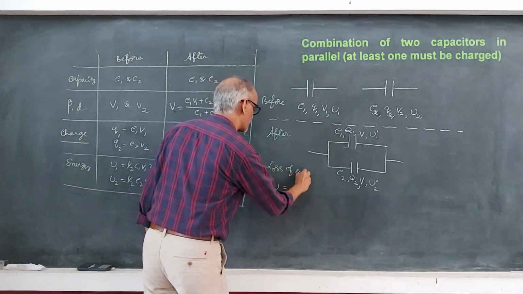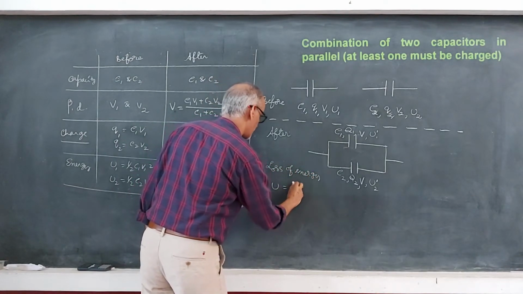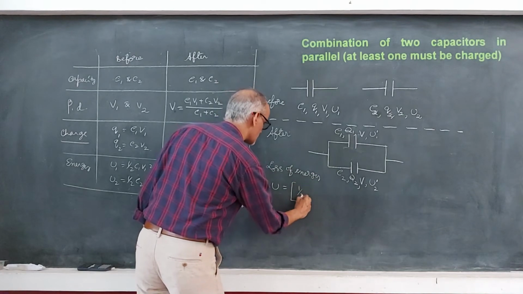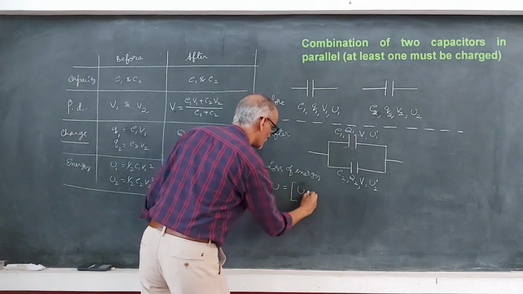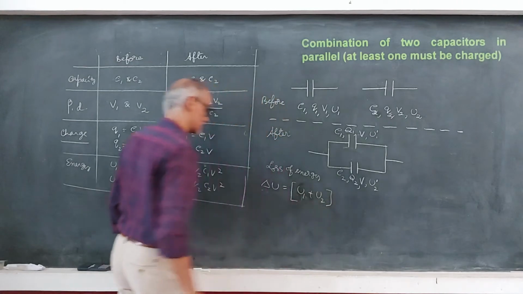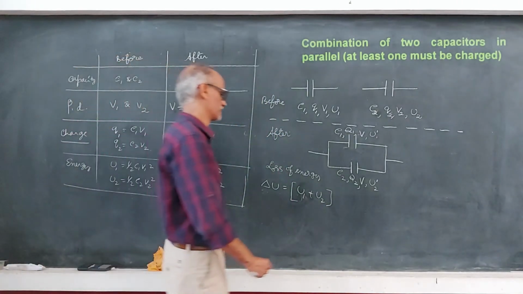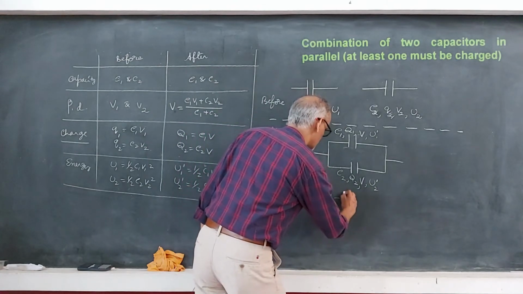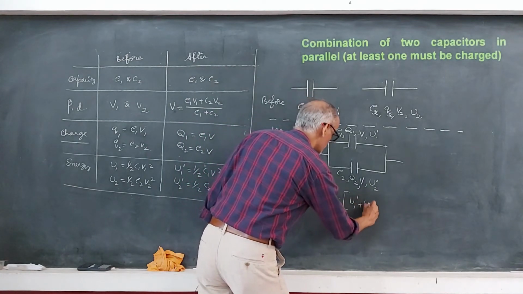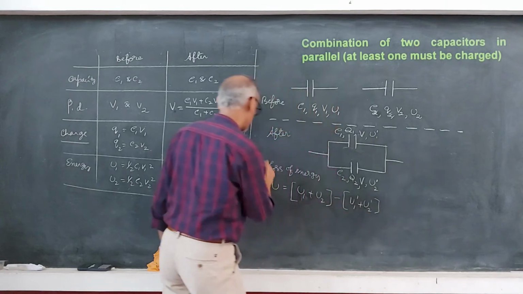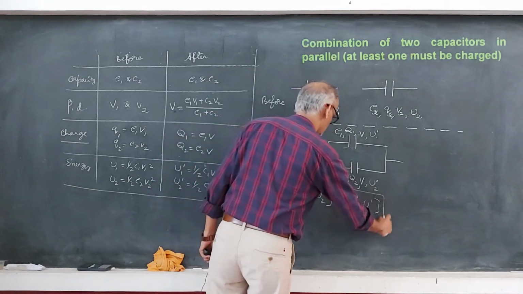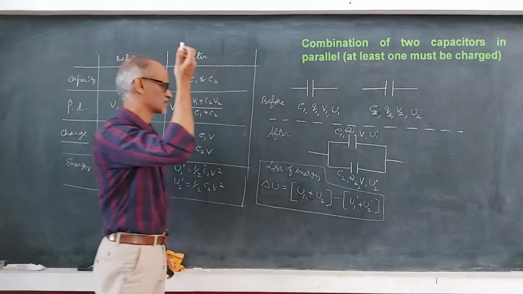That is equal to the energy before, U1 plus U2, minus the energy after, which is U1 dash plus U2 dash. So this is how we find the loss of energy due to the sharing of charges.